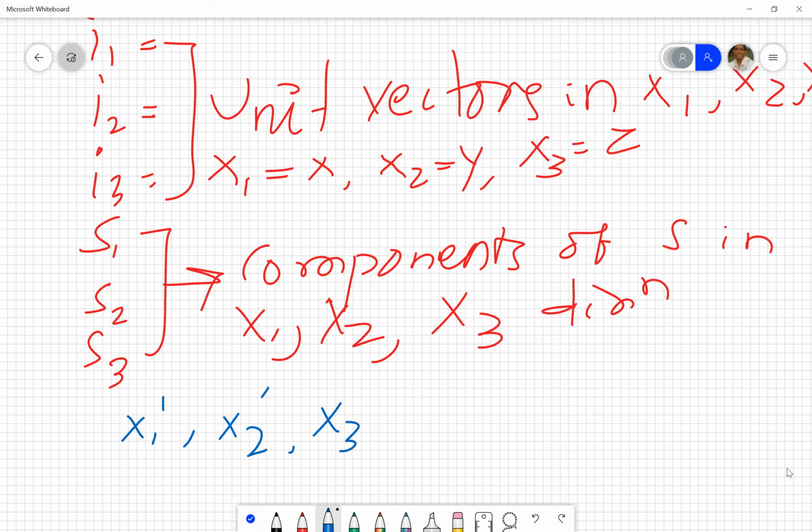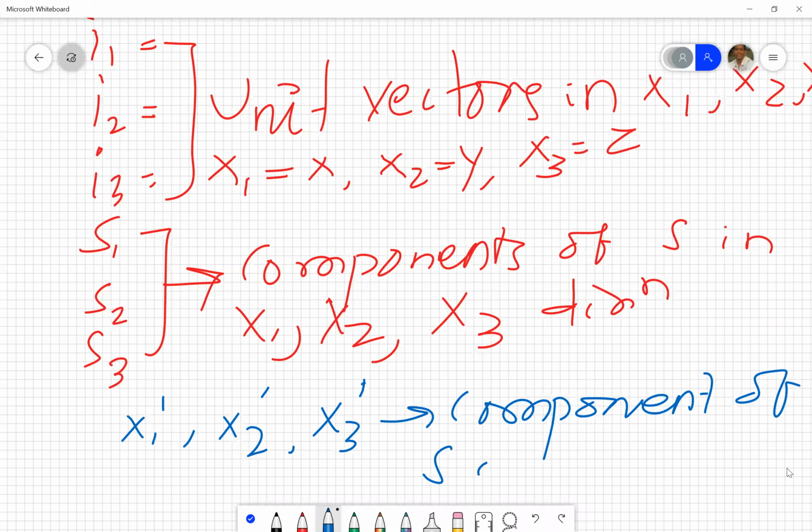Our interest is to find the components of the total S in the respective directions. So, to calculate the different components of S in the respective directions, we have to represent the different directions here.